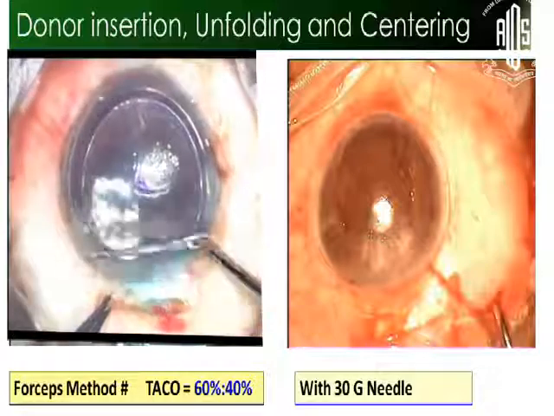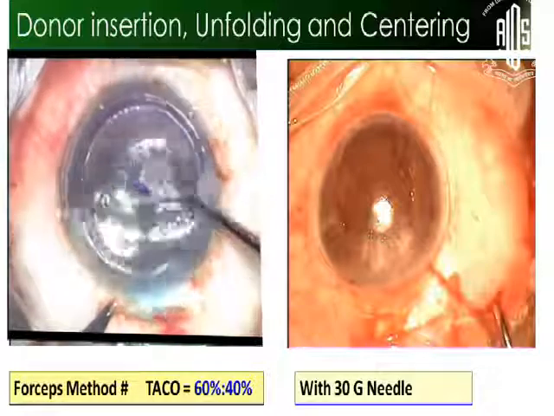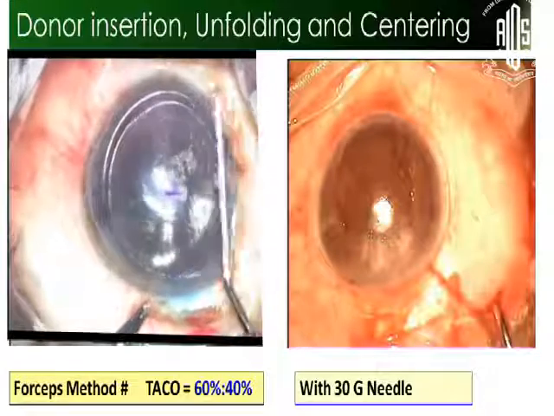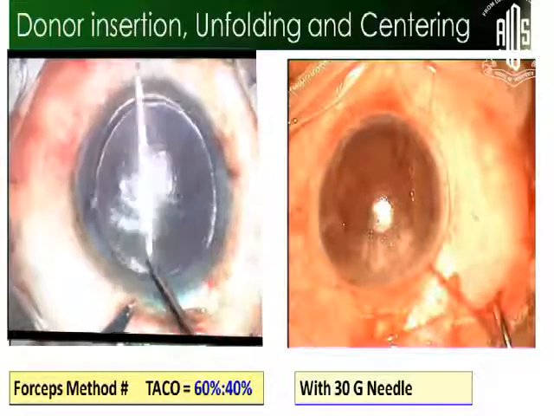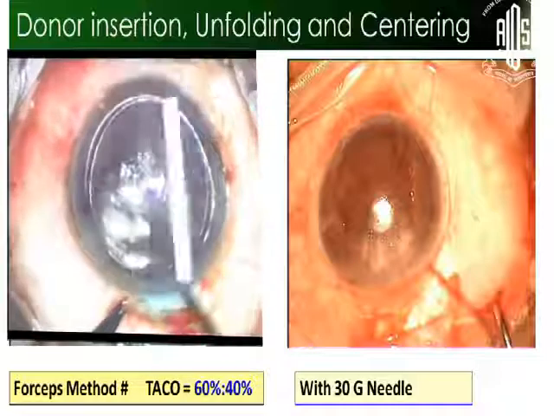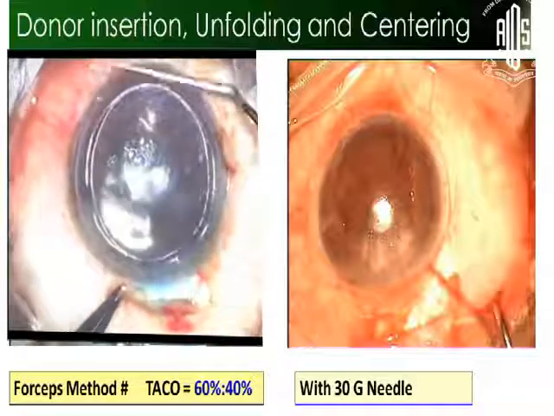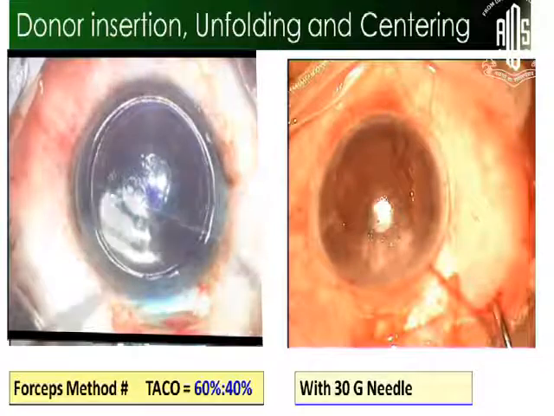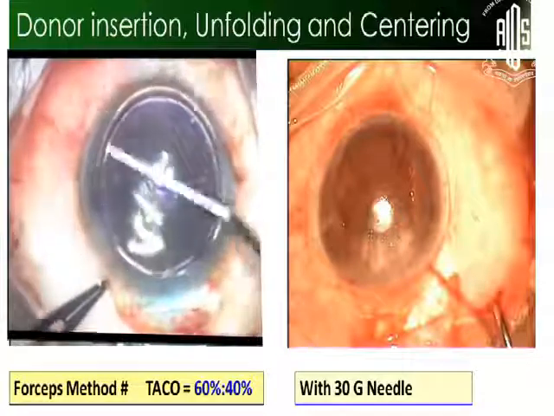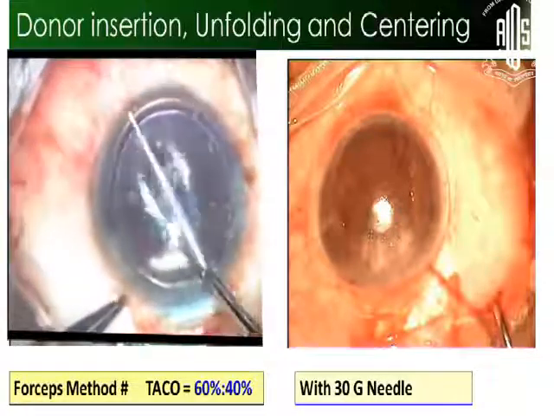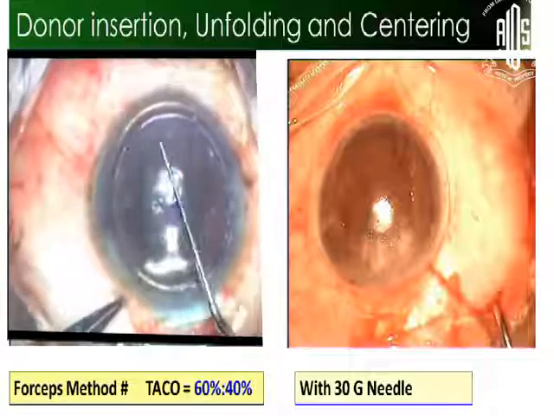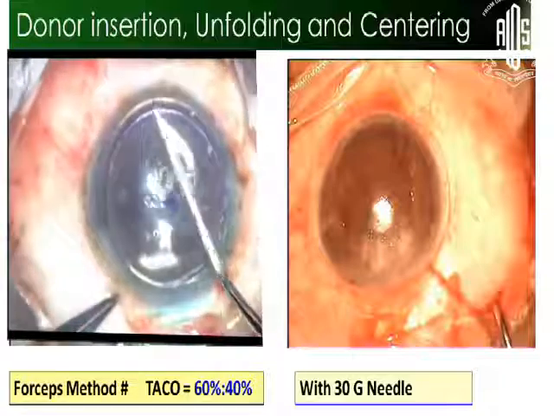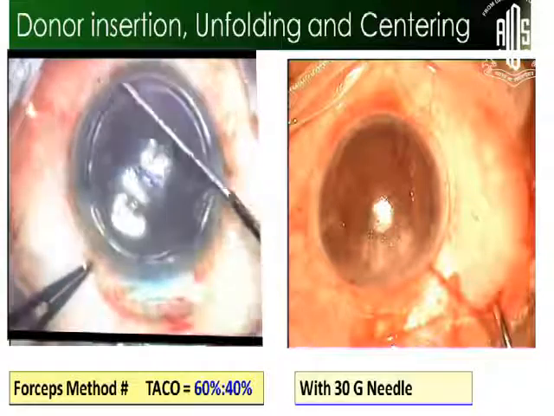So centering is also not so difficult. You just massage from various directions, to make it perfectly central, so that you have a beautiful golden ring all along. That is the clue that your iris is not adhered to the peripheral button, especially with a smaller cornea. These are the difficult things.